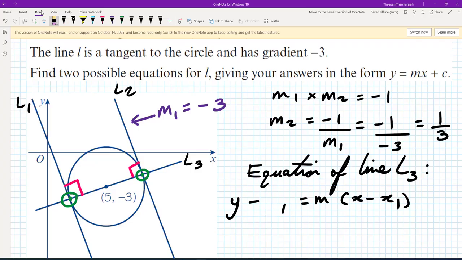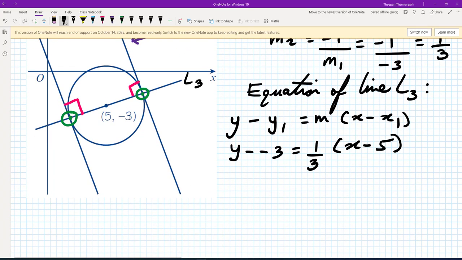We can then form the equation of a line that passes through the center. In our case, it's y minus −3, and m in our case is a third. Now we're going to multiply that by (x − 5). I'm going to keep my equation in terms of y, and I'll explain why in a moment.